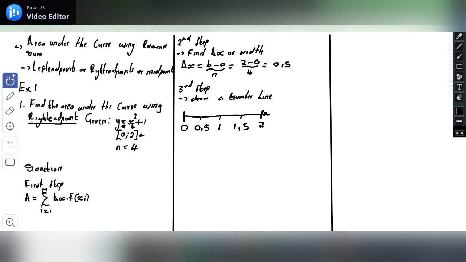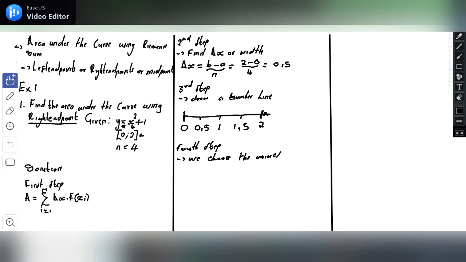So whenever we use the right endpoint, this is what we are going to do on the fourth step. On the fourth step, we choose the values.